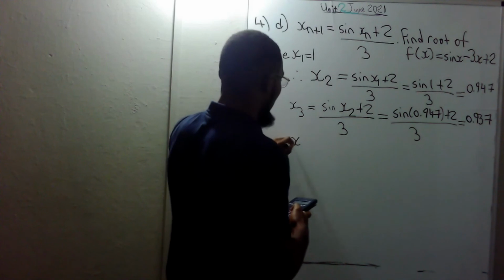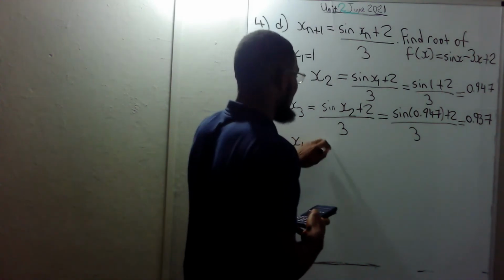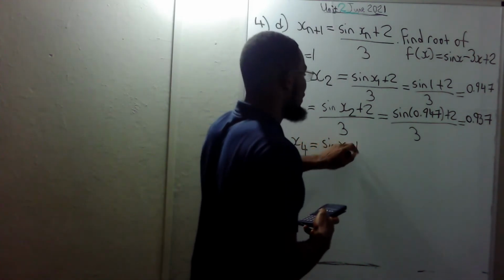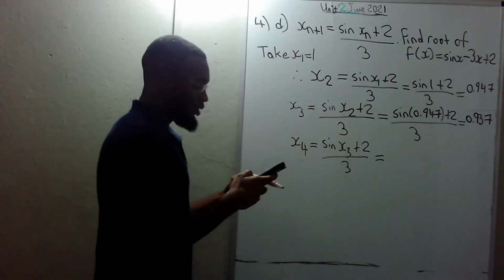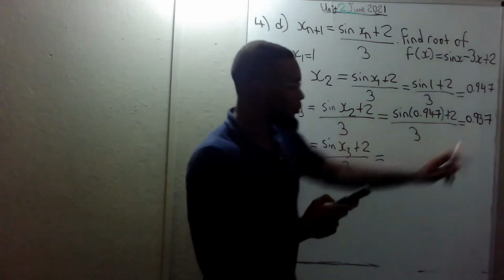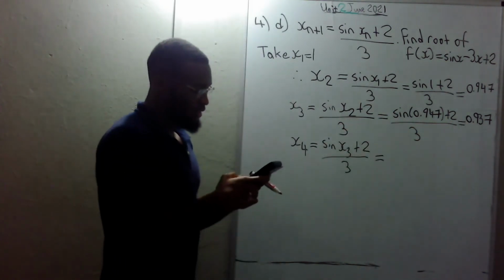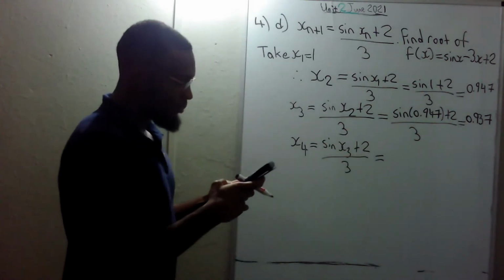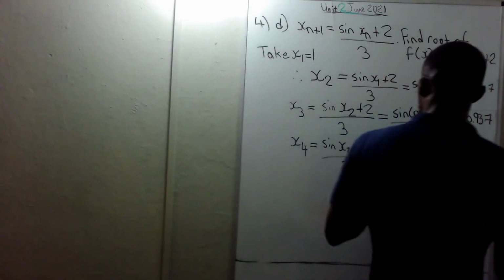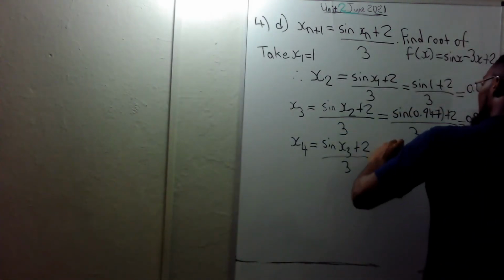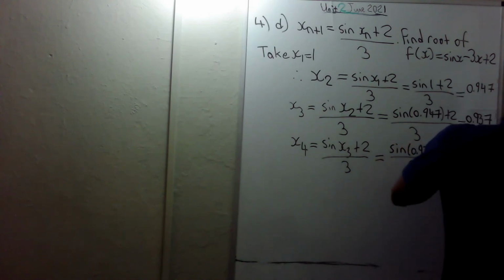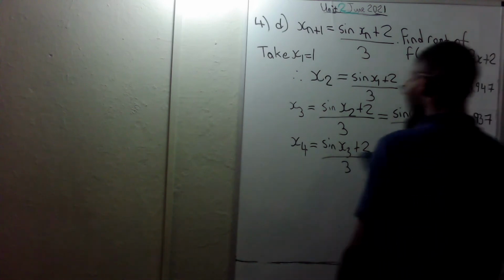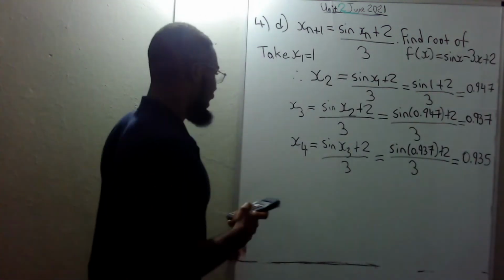So now x4 is equal to the sine of x3 plus 2 over 3. And I put that in now, the sine of 0.937 plus 2 divided by 3, and I get 0.935.